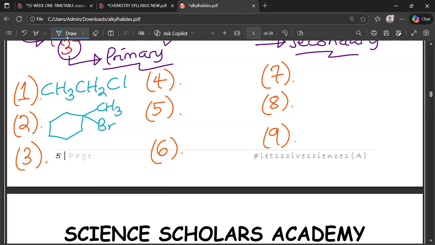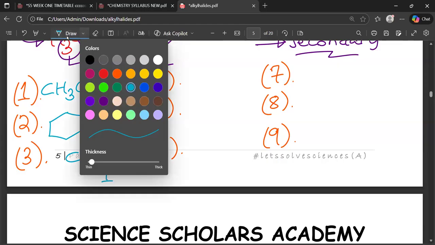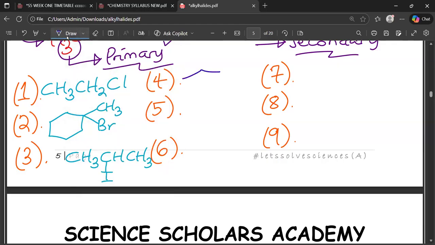Another structure is CH3, CH, CH3, then I. Another structure, it can have a benzene ring.